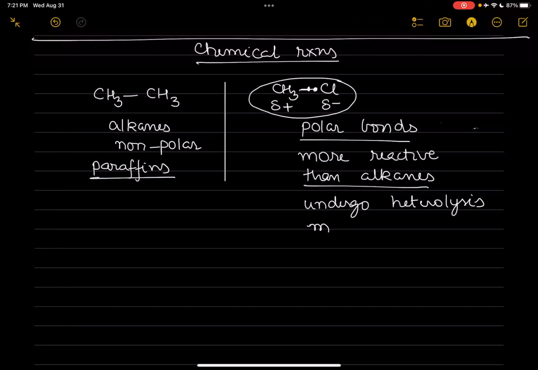But the electrons, the bond is there. We are bothered about this bond because this is the polar bond. And this bond can be broken more easily because the electrons are already on one side.